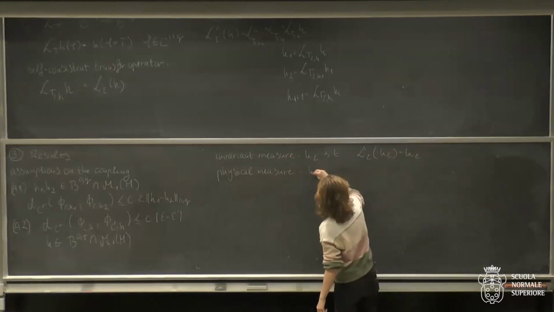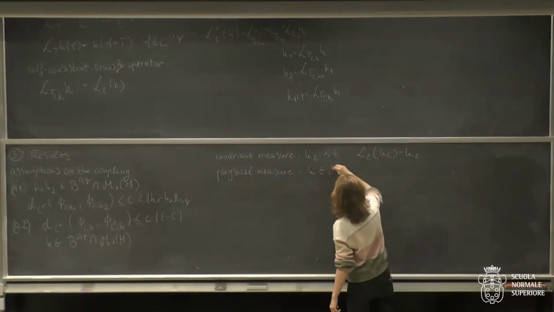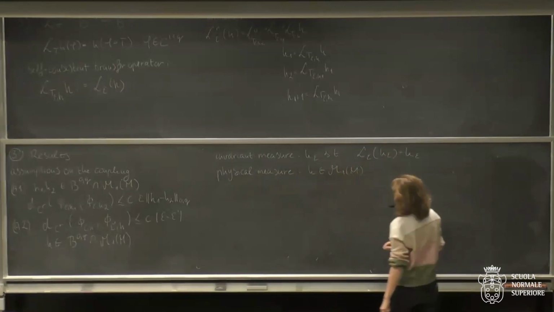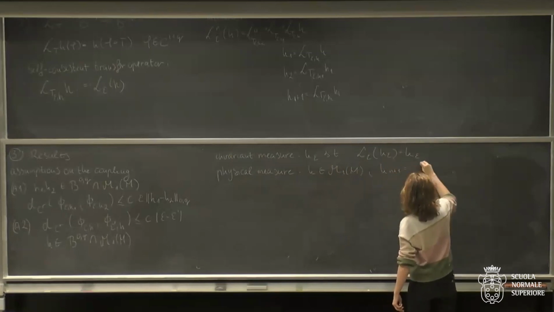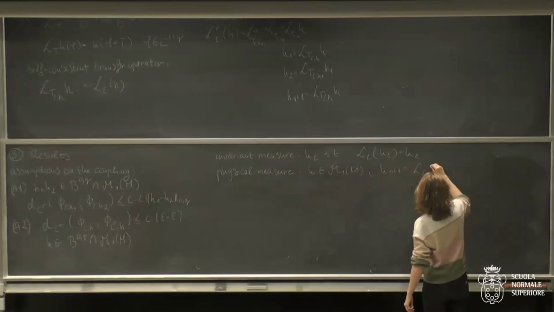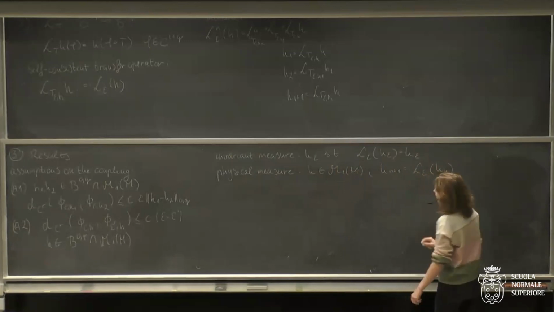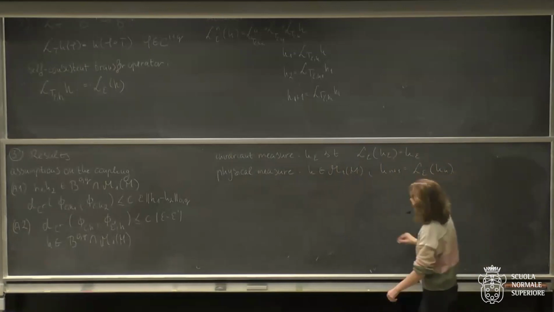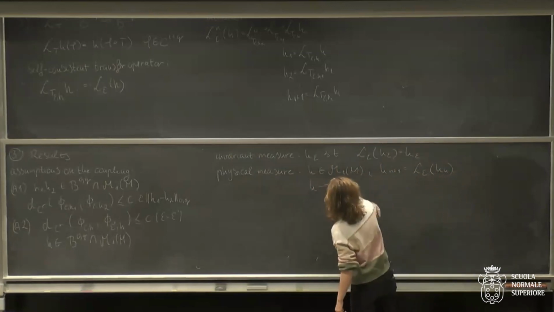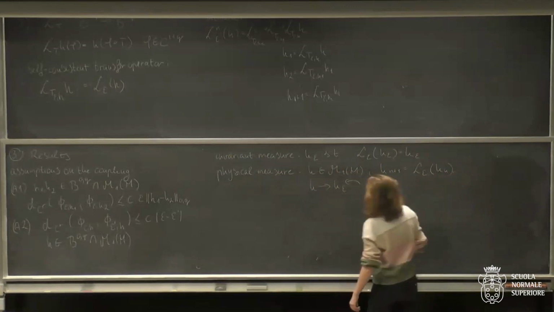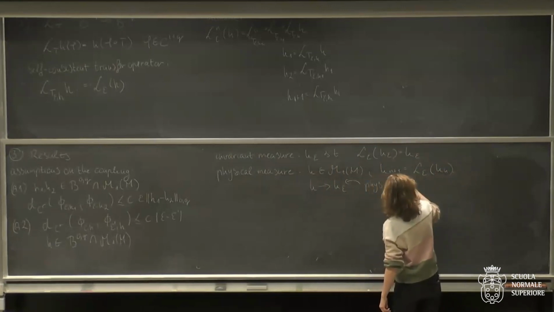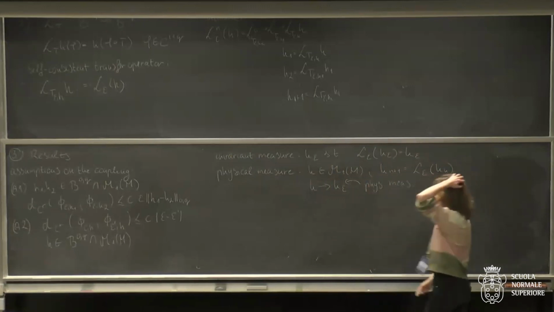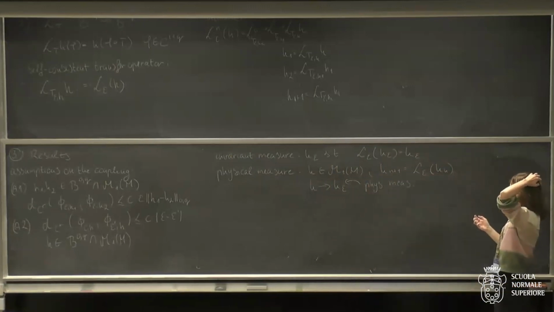This means that if I take some H from the space of probability measures and I iterate it by the self-consistent transfer operator, then this sequence is going to converge to H epsilon. Then I call H epsilon a physical measure. I don't think this is exactly the definition that Caroline gave, but it's more or less the same.